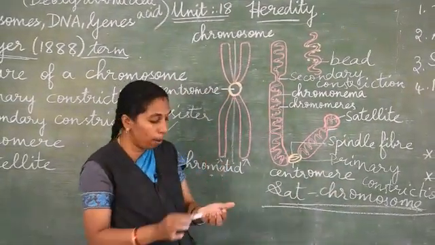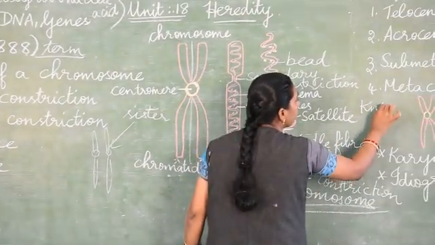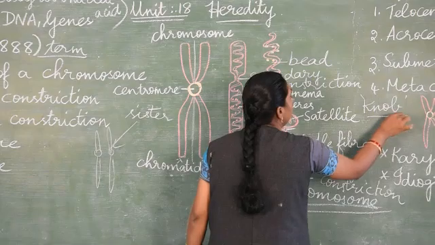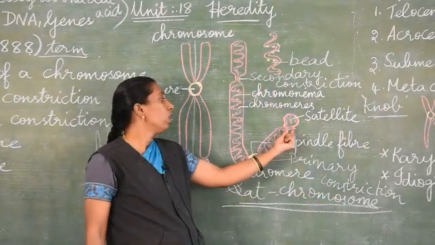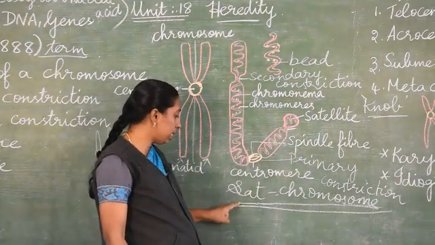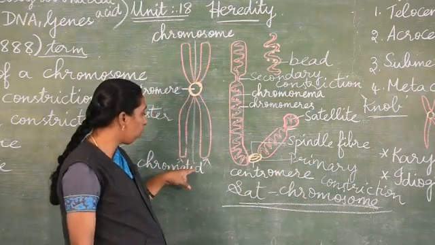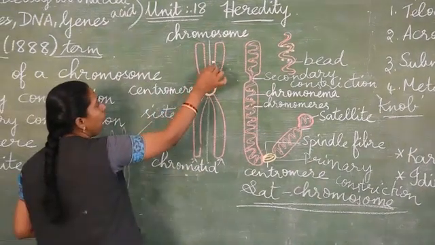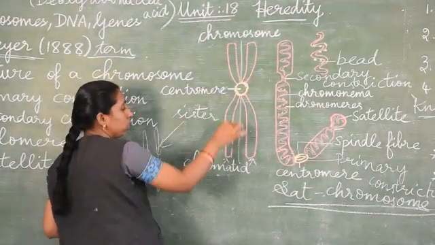Knob means a swollen portion, which is found in the chromosome, and such chromosomes are called SAT chromosomes. So here, if you see the structure of the chromosome, there are 4 arms, 1, 2, 3, 4 arms, and 2 sister chromatids.